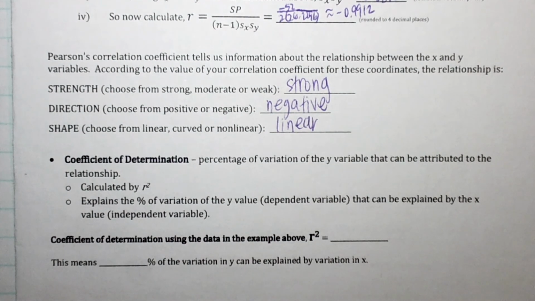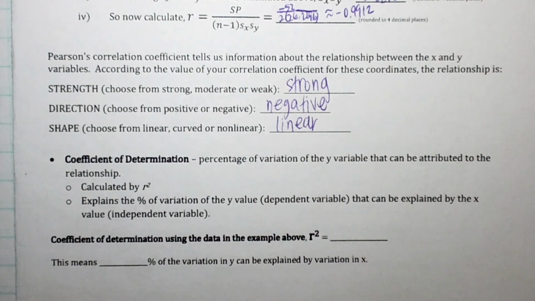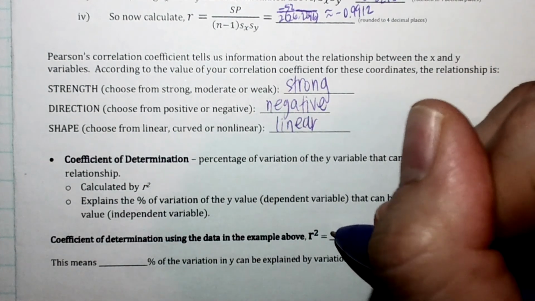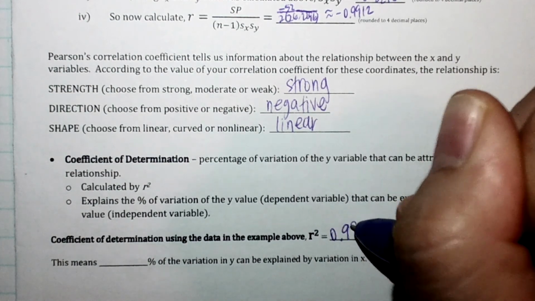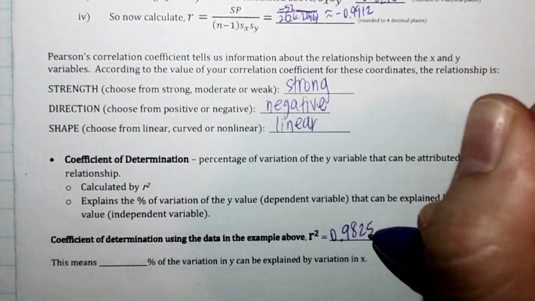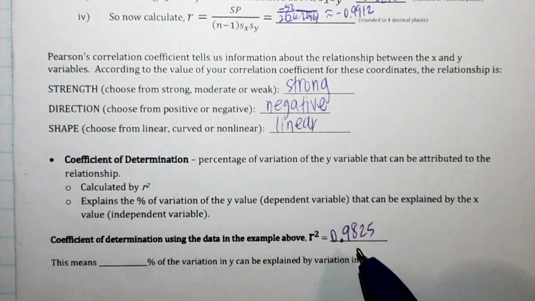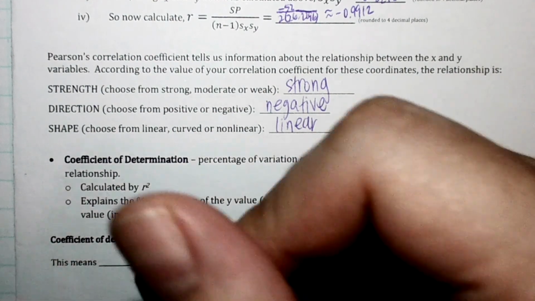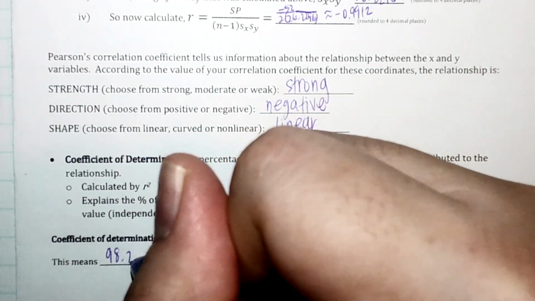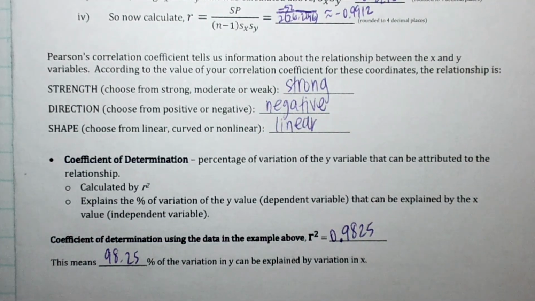So r squared is just negative 0.9912 squared, which is approximately 0.9825 rounded to 4 decimal places. And r squared should always be positive because we're squaring a value, which means if we convert that into a percentage, approximately 98.25% of the variation of y can be explained by the variation in x.